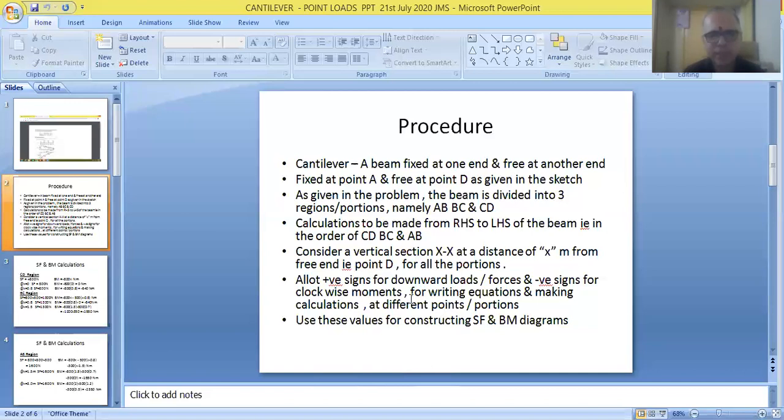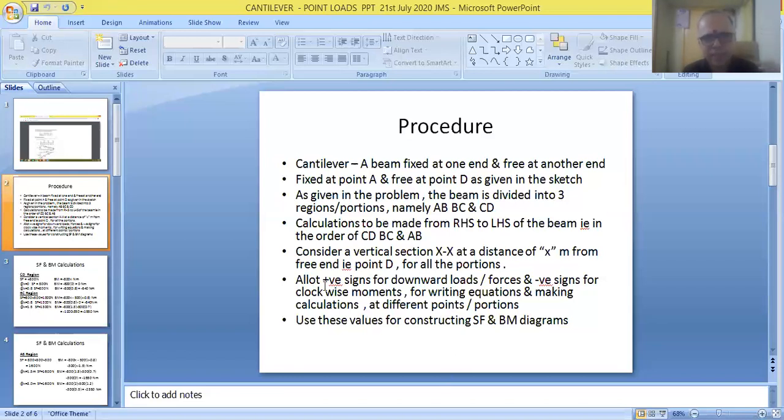So friends, as written in this statement, they are very essential for writing equations and making calculations at different points. If instead of a plus symbol you use a minus symbol, or instead of a minus symbol you use a plus symbol, whether it is shear force or bending moment diagram, you will be getting wrong results, and you will not be in a position to construct shear force and bending moment diagrams.